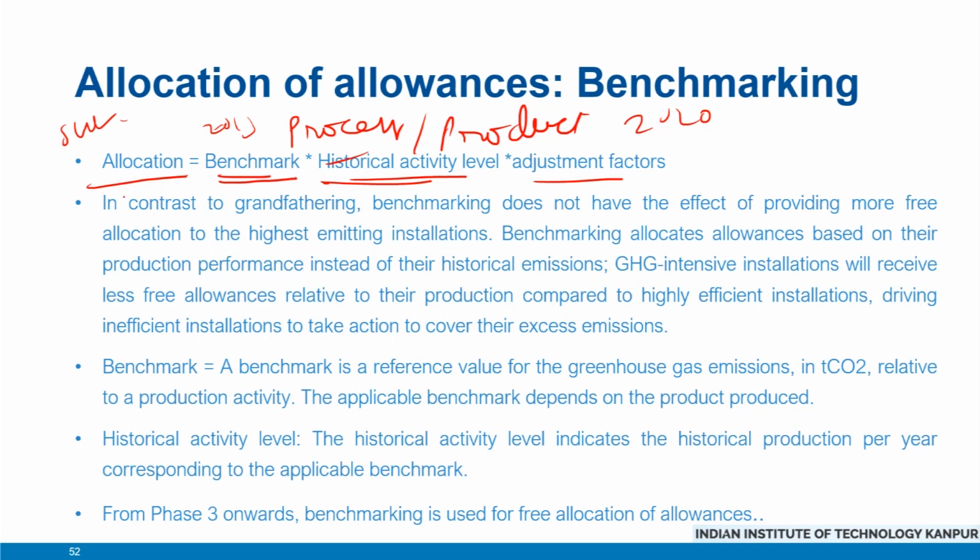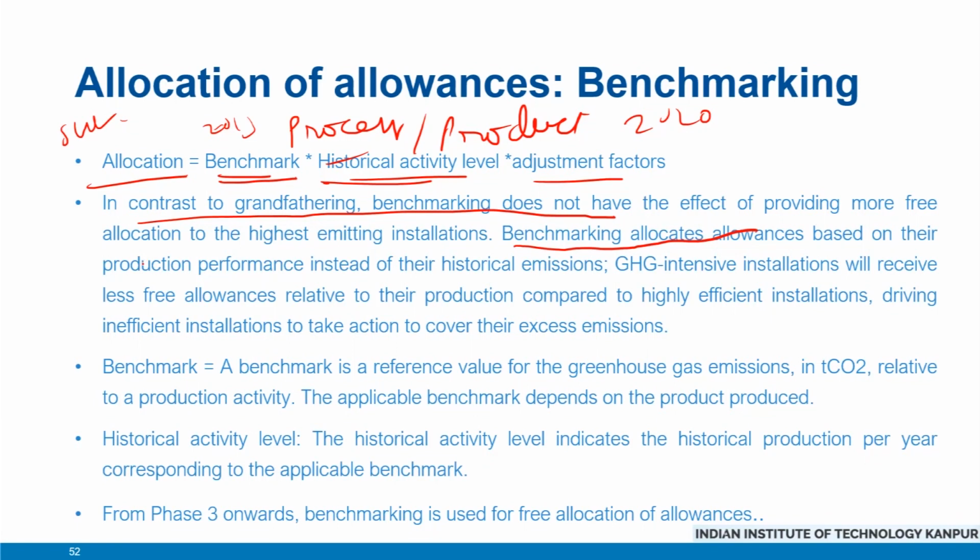So we can say here that in contrast to this grandfathering approach, benchmarking does not have the effect of providing more free allocation to the highest emitting installations. In fact, benchmarking allocates allowances based on their production performance instead of their historical emissions.